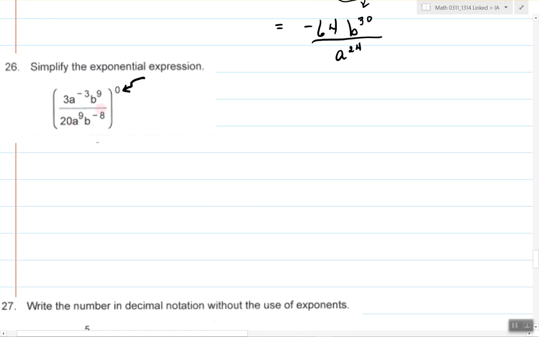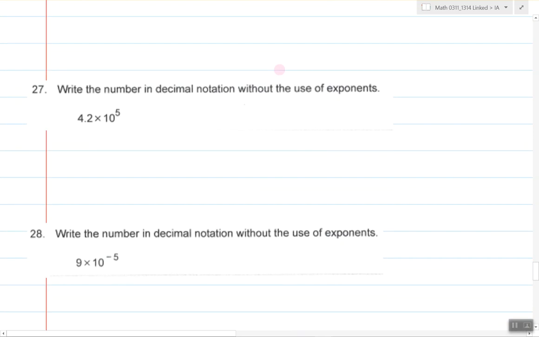We have a complicated base raised to the 0 power, and that means it's equal to 1. So yay. All right, I'm going to rather quickly go through scientific notation because I think you have seen this before, so I'm not going to develop the whole idea.